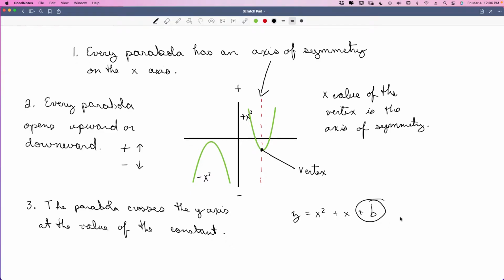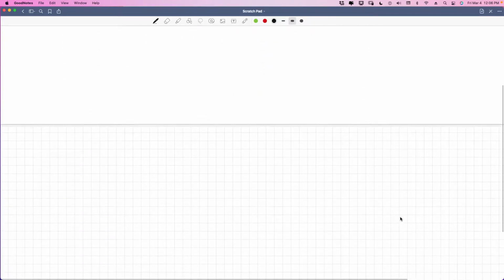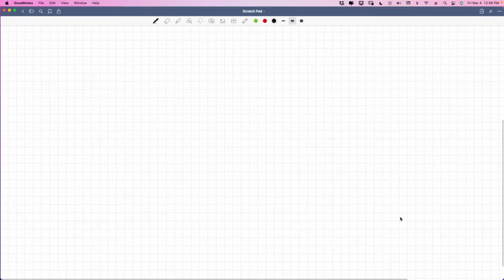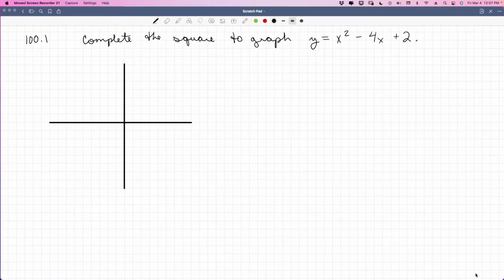So I'm going to scroll down to the graph paper here, and let's look at one of these. All right, so our first practice problem or example problem is 100.1. Complete the square to graph y equals x squared minus 4x plus 2. So that's what we're going to do.